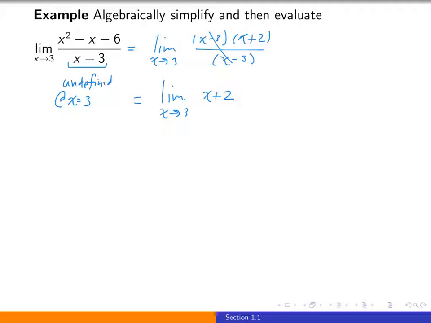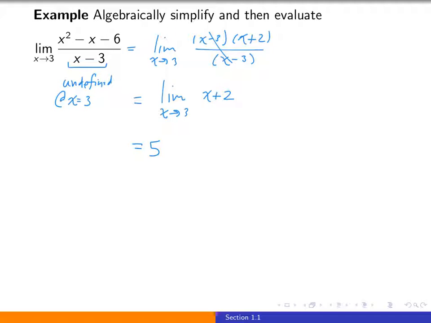And now this is something that's substantially easier for us to answer. Just from a very intuitive perspective, we think when x is close to 3, x plus 2 should be close to, what? 3 plus 2, which is 5.